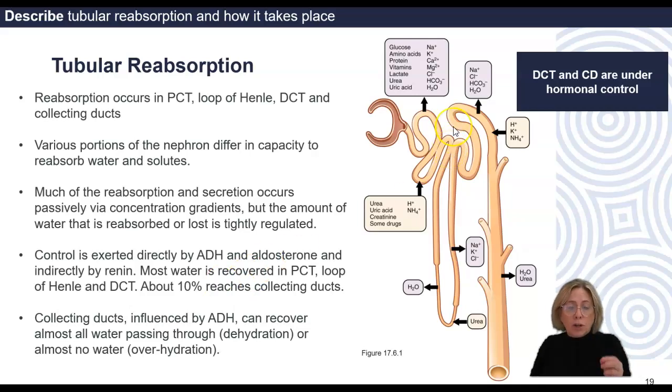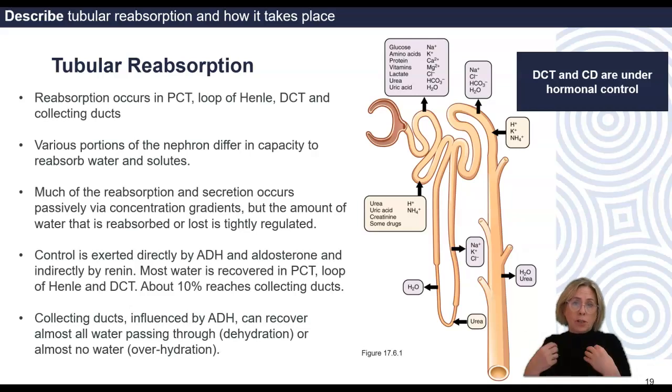Most water, though, is recovered in the proximal convoluted tubule and the descending part of the loop of Henle and in the distal convoluted tubule, and only about 10% of it reaches the collecting ducts. The collecting ducts then, influenced via antidiuretic hormone, can recover nearly all of that water passing through if we are dehydrated.